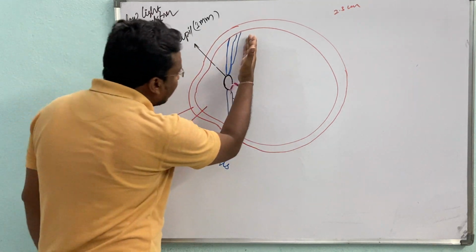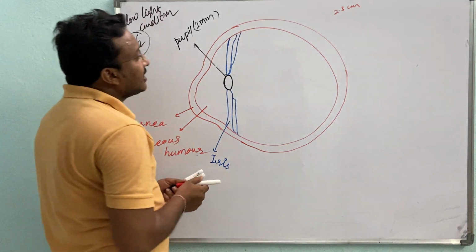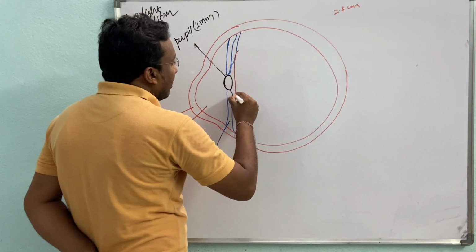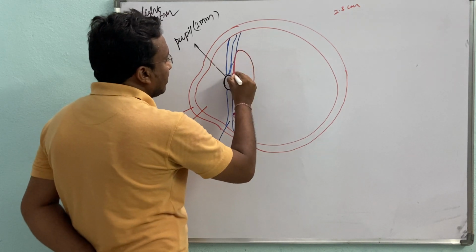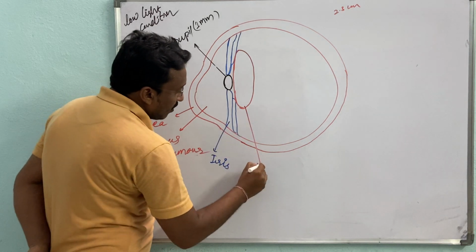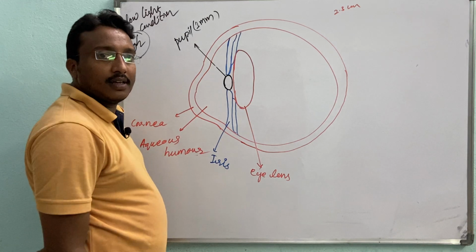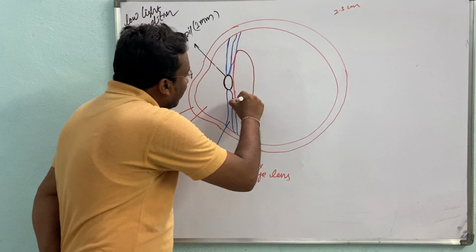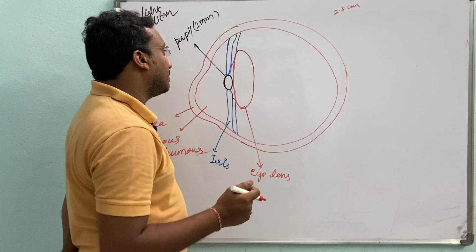Just behind the iris, it consists of the eye lens. This is called the eye lens, right? Have you noticed what the shape of the eye lens is? We have already discussed it in our previous chapter.